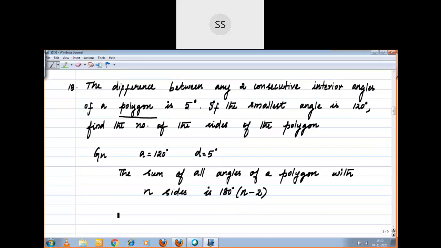For example, the sum of the angles of a triangle. What is the answer? Sum of all angles of a triangle.